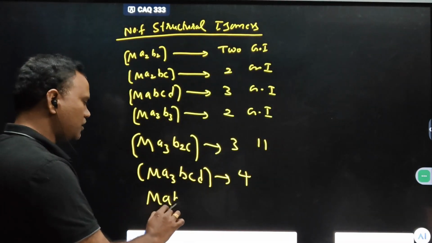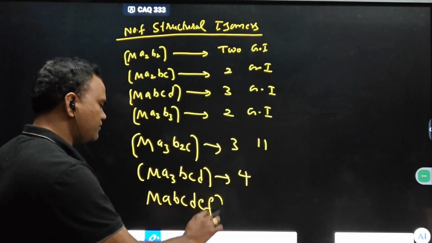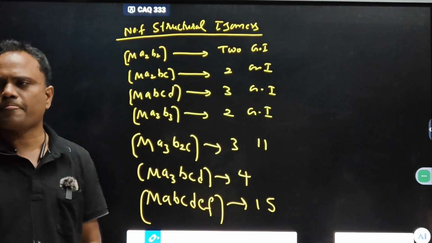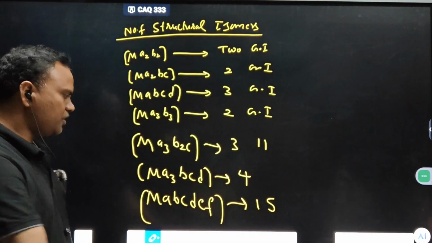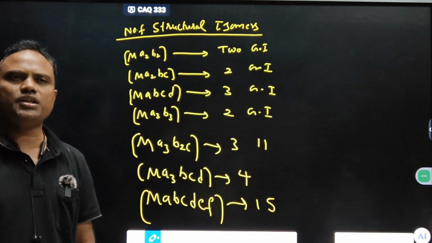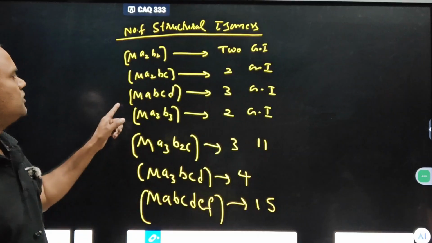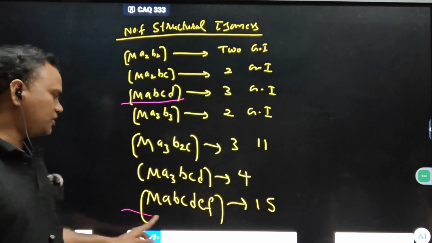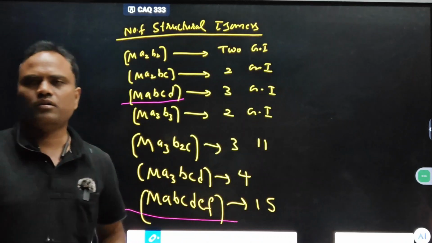Next, MABCDEF, 15. M, A, B, C, D, E, F, 15 times.